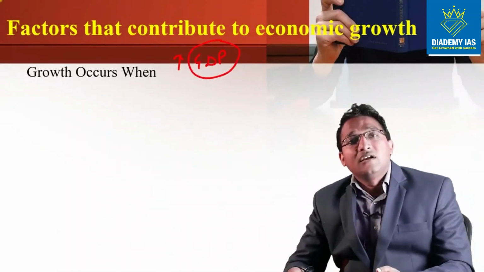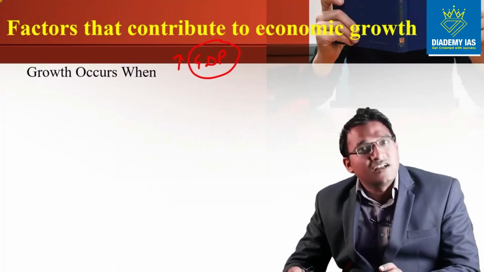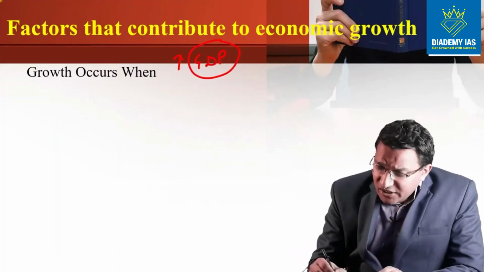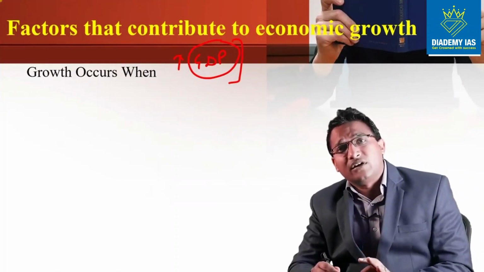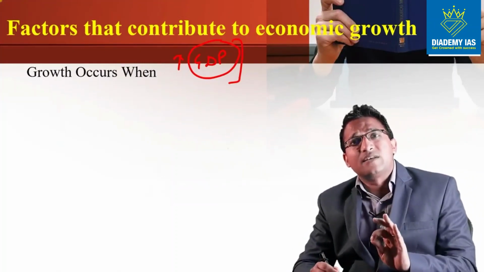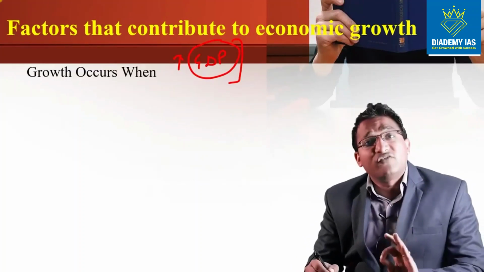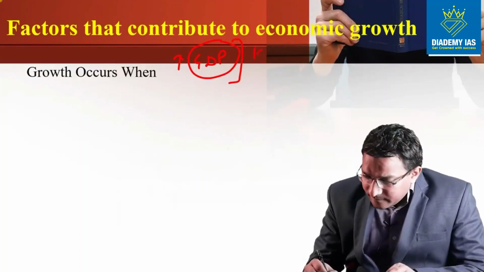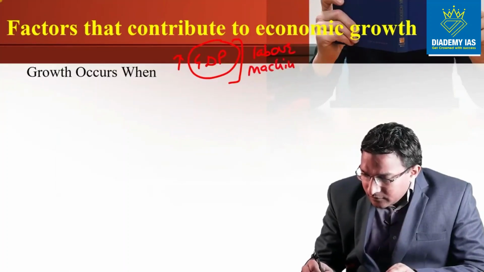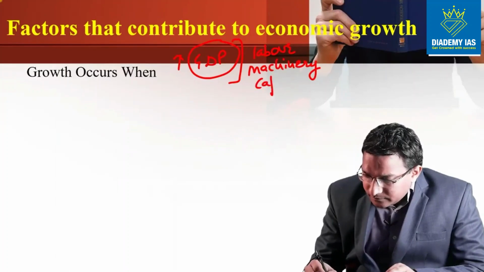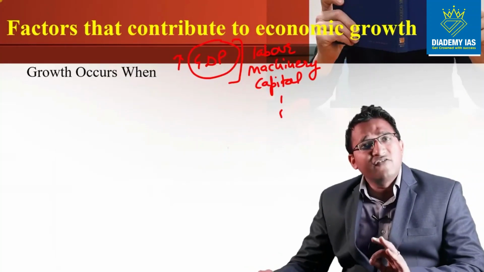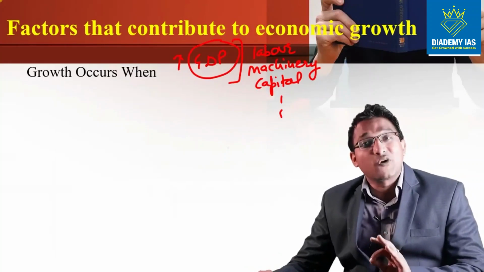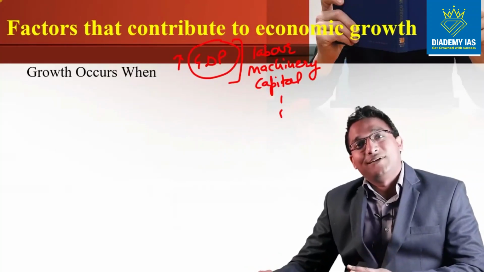And this GDP, when we discussed the concept of national income, we clearly saw that if we see from the production method, this GDP depends upon the contribution of different factors: the laborers, the machinery, the capital, etc. Right? So there are different factors of production which will contribute, and then economic growth will happen.